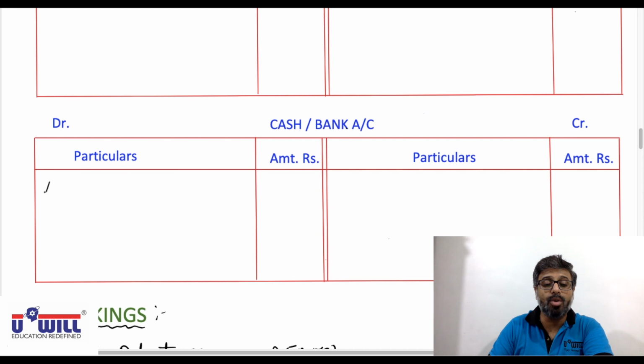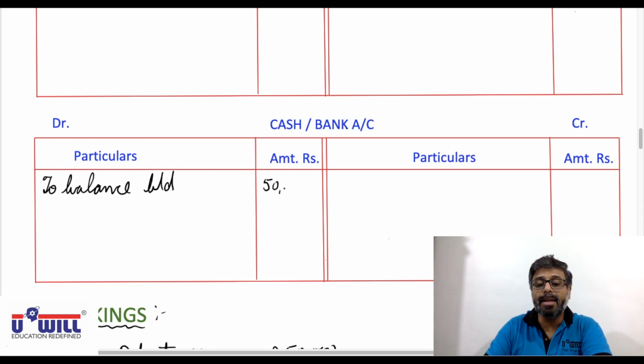First you write down its opening balance, to balance brought down 50,600, and then realization to cash and bank. To cash and bank means in cash and bank account on credit side by realization account 50,600.